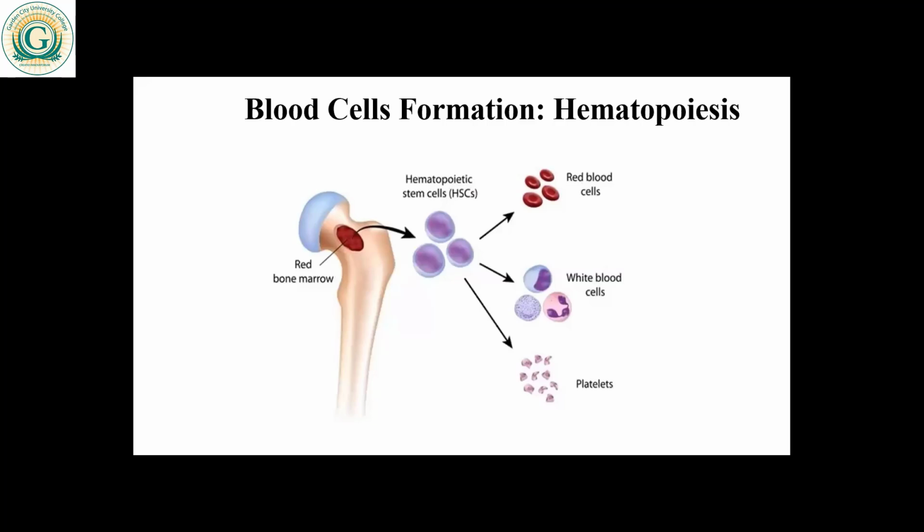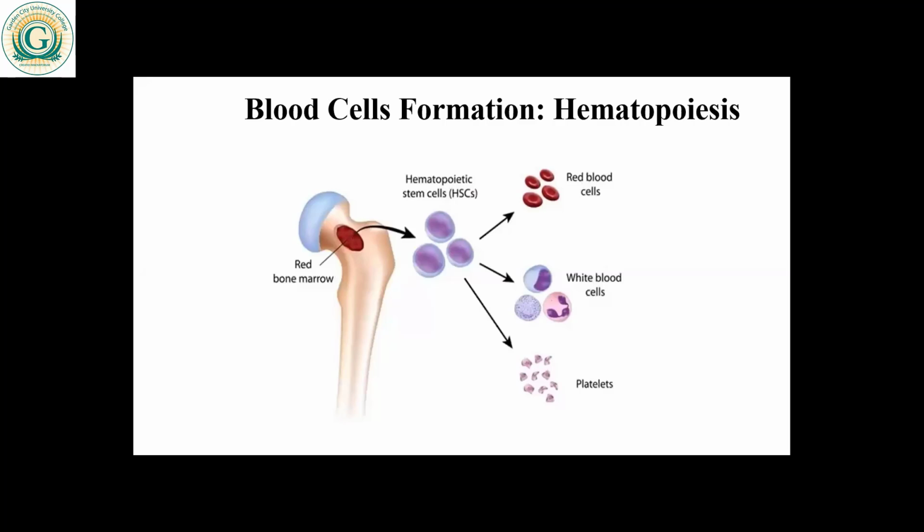All right. So the process of blood cells formation is called hematopoiesis. We're saying hematopoiesis happens in the bone marrow. And in the bone marrow, we said we have some cells called stem cells.